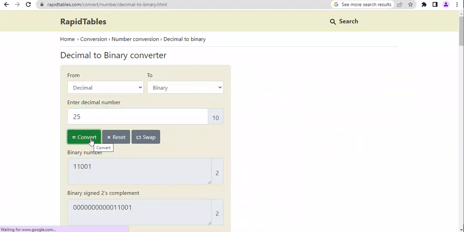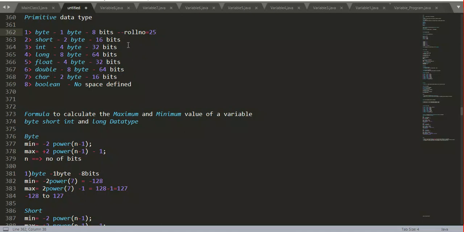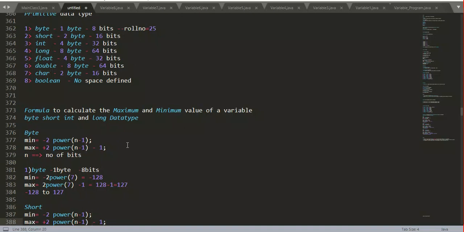It will reserve space for 5 bits, so I can store a roll number in a byte data type. The same way, these are the primitive data types, and I will describe the formula for which values we can store in each. But how will 25 get stored?